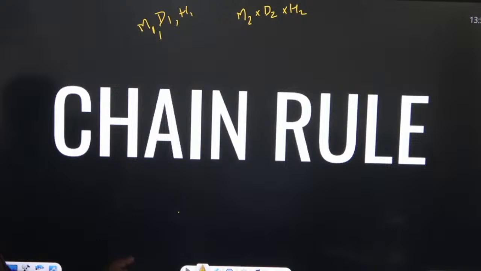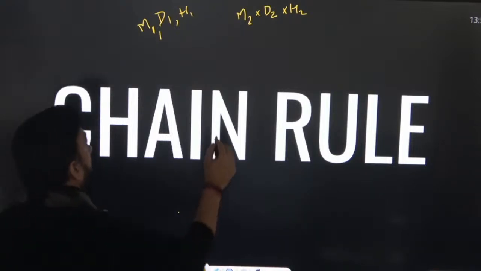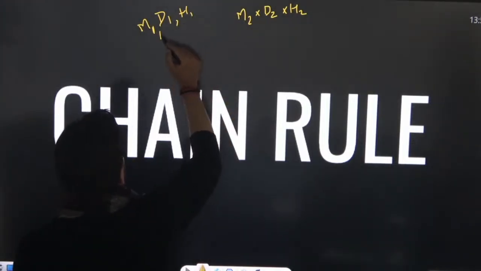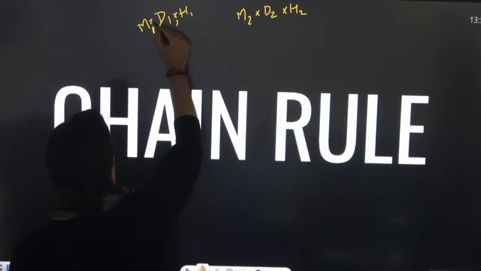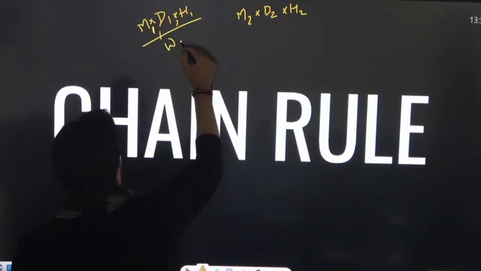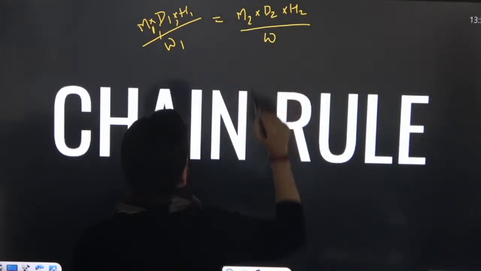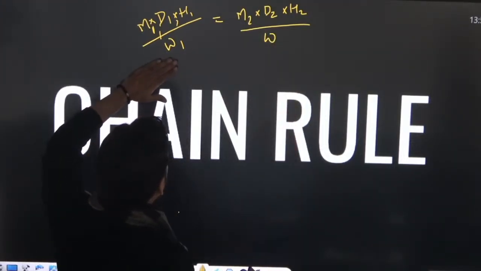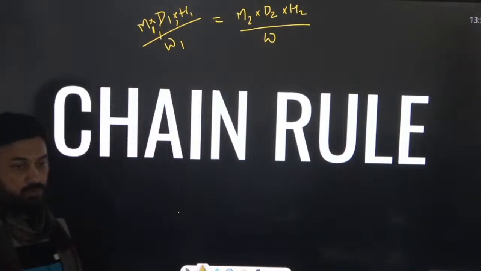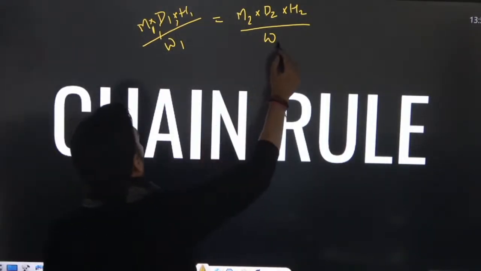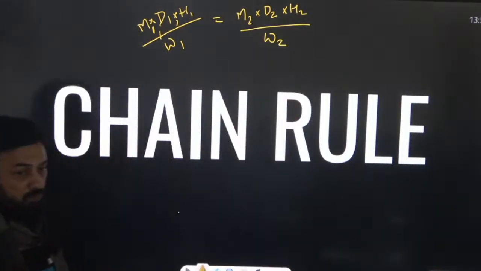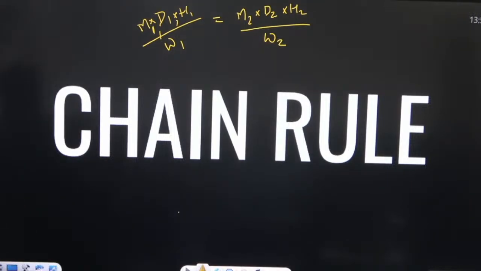So the formula is M1 D1 H1 multiplied by W1 is equal to M2 D2 H2 multiplied by W2. The work is same actually, though work can be different also. So you have to remember this formula. Today itself we will see lots of questions based on this.